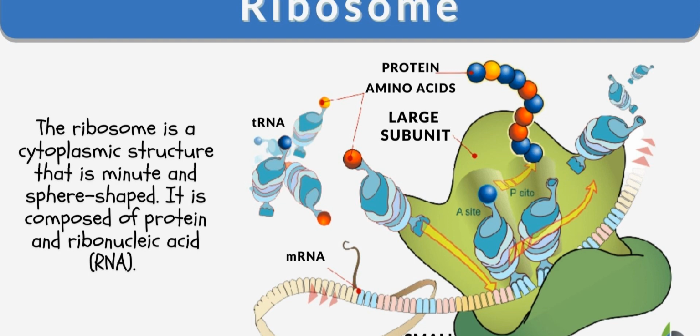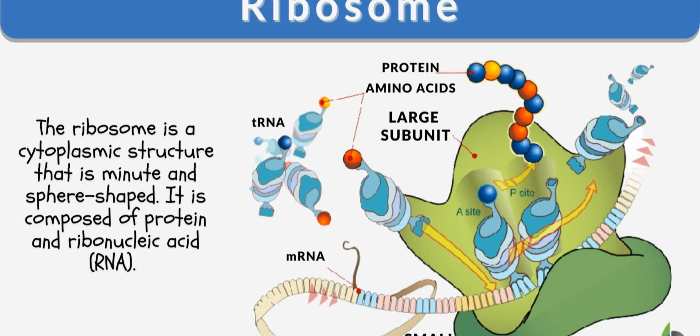Well, ribosomes are organelles floating in the cytoplasm. They make the protein needed for the cell. For example, ribosomes make protein for the growth of the cell. Ribosomes make protein for the repairing of the cell.